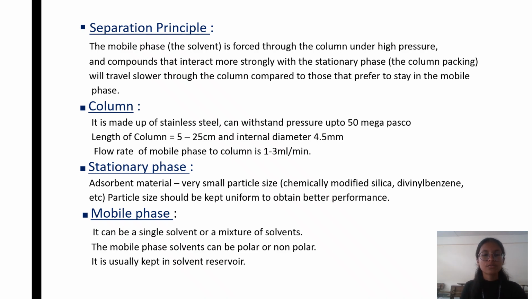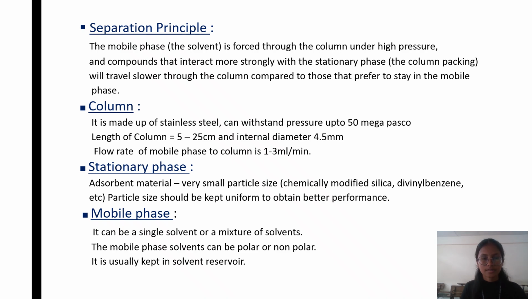The flow rate of mobile phase to the column is 1 to 3 ml per minute. The stationary phase used here is usually chemically modified silica, divinyl benzene, etc. The particle size of the stationary phase should be kept uniform to obtain better performance.